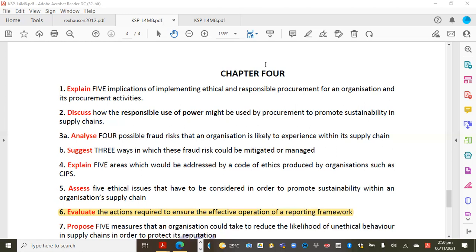They have to develop the competency framework to include ethical and responsible procurement, so that if you are employed as a procurement manager in the organization, you won't be buying from suppliers who are not ethical and responsible. So that's what top management can do. Top management will also have to provide support to the implementation of ethical and responsible procurement.